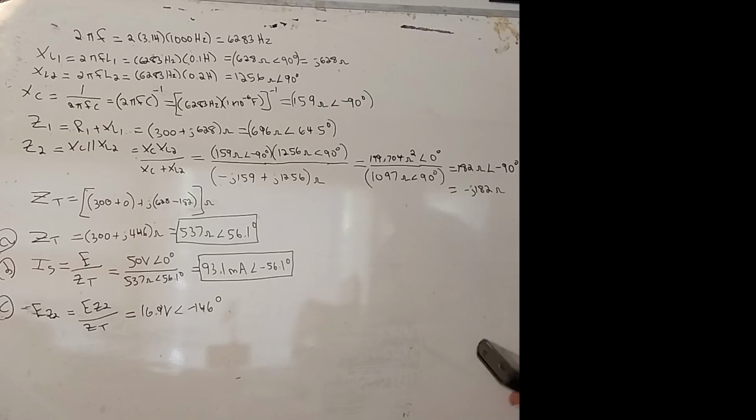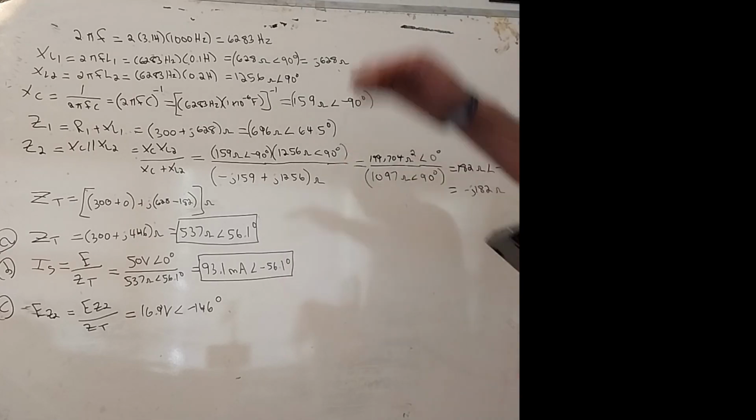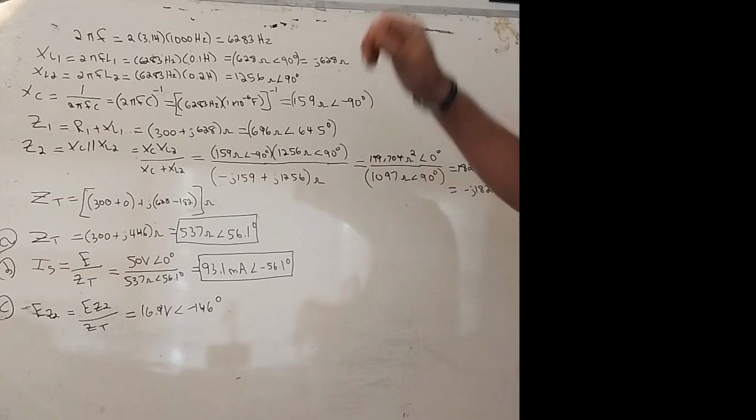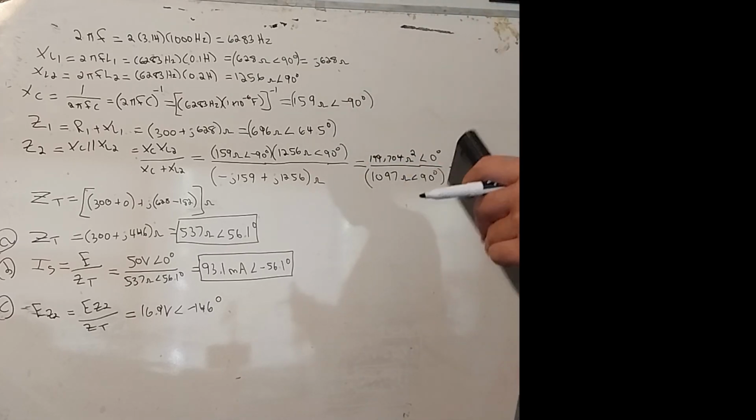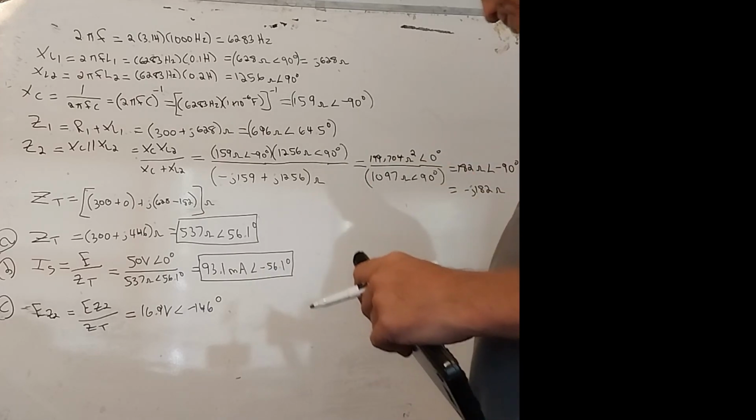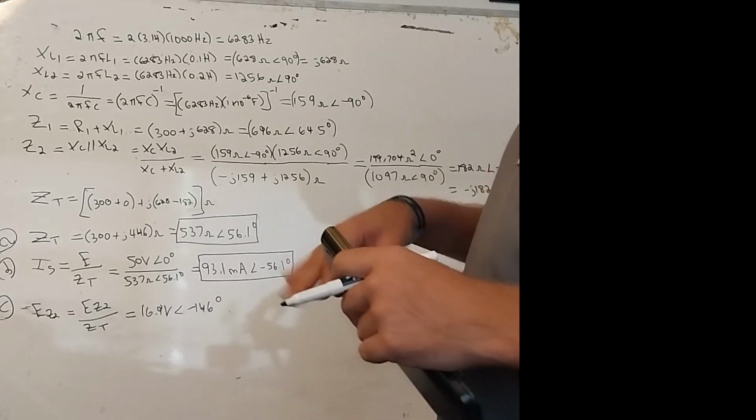We know what the current's going to be through X of C, because the voltage across Z sub 2 is the same voltage for X of C and X of L2, because they're in parallel. They share that same voltage from the top of that point where we're measuring to the ground point. Voltage measurements are always with respect to ground, unless it's written otherwise, and with respect to ground is always 0 volts.